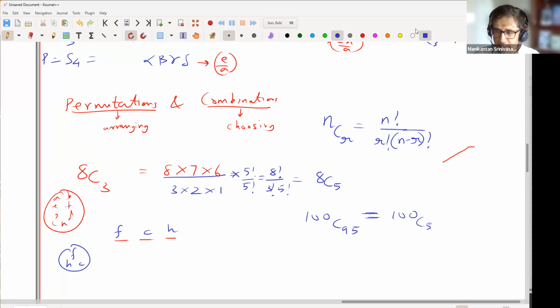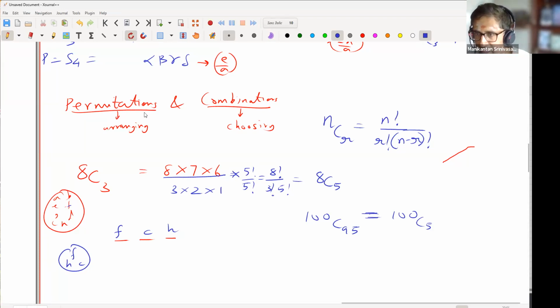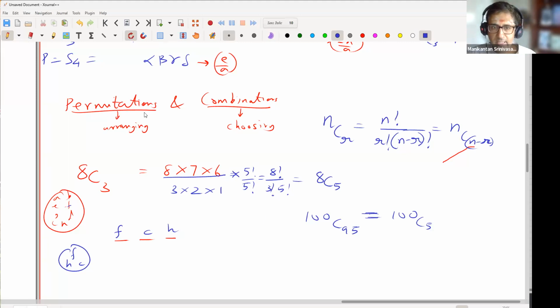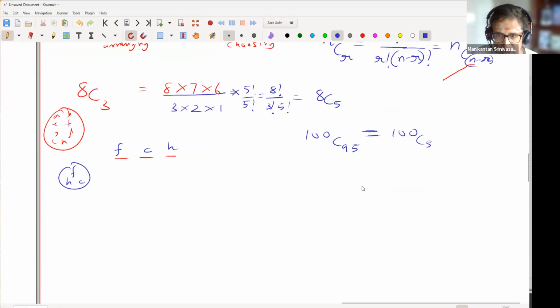If I choose 5 which are bad, automatically I'm choosing the 95 which are good. So the number of ways in which you can form those groupings is still the same. So n choose r, and you can see that from symmetry in this expression as well, right? If I replace r with n minus r, the denominator becomes n minus r factorial times r factorial, which is back to the same. So n choose r is the same as n choose n minus r.